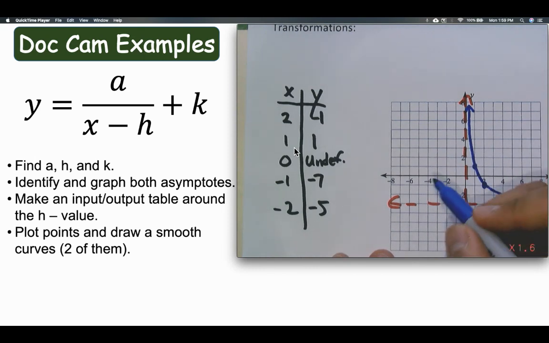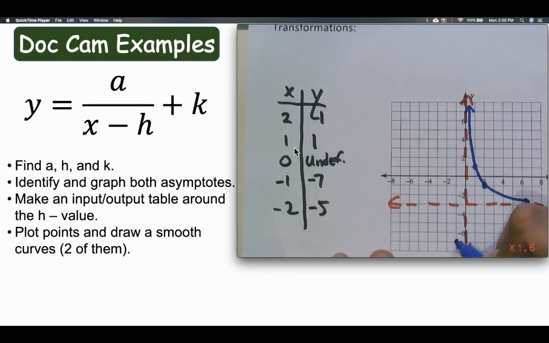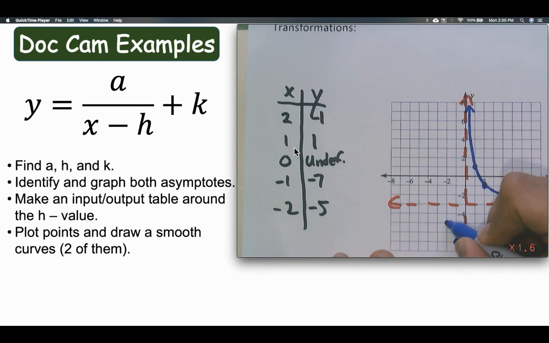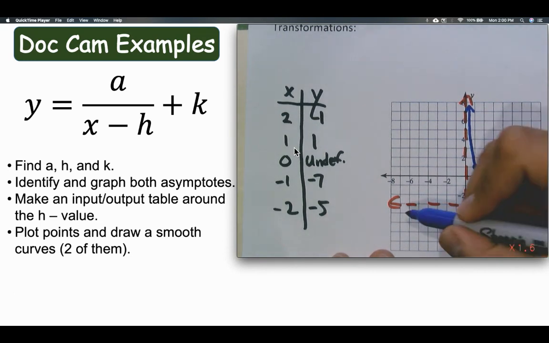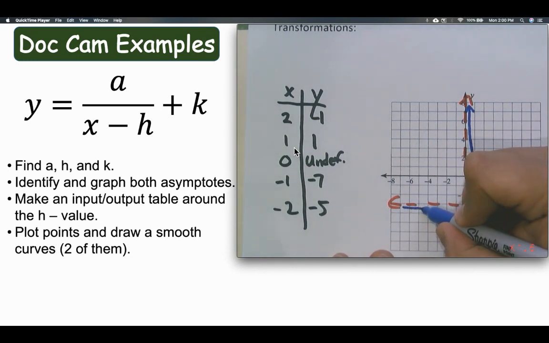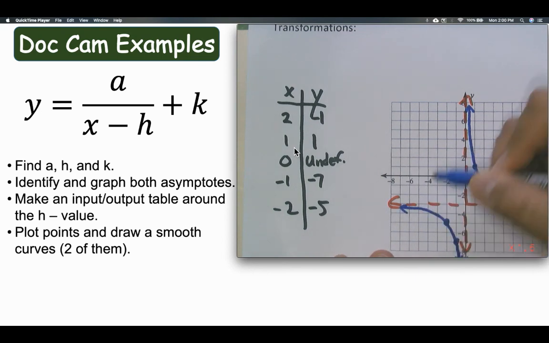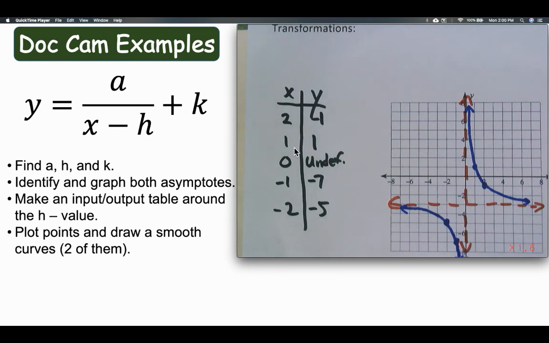Okay, -1, -7. It's way down here. And then I got a -2, -5, and that's right there. All right, so start close, come up, hit both, and then go this way. All right, so that's it for the graph.